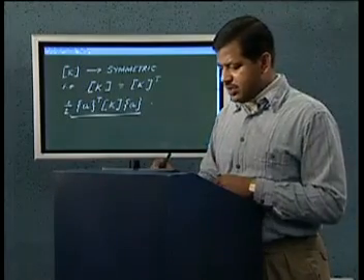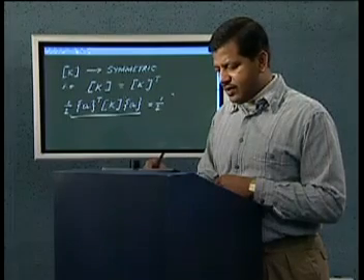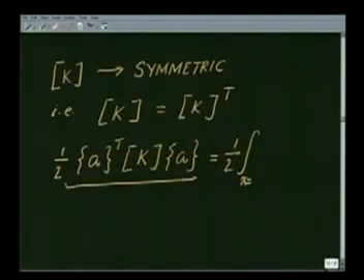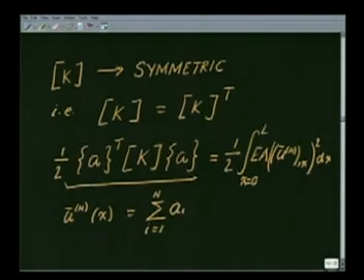What is it equal to? This will be equal to, from what we have already defined, half of integral x equal to 0 to L Ea into u bar n comma x whole squared dx, where I am going to call u bar n as a function of x is equal to summation i equal to 1 to n ai phi i of x.